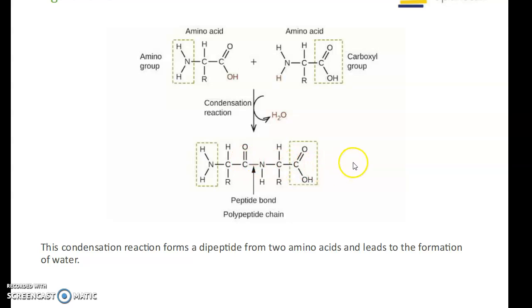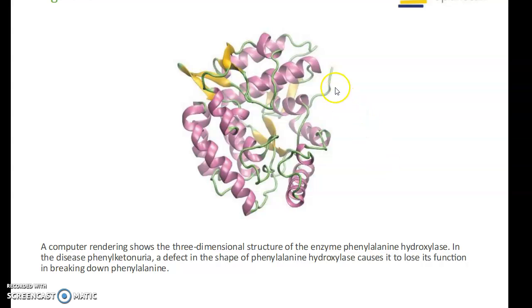So you can have very long chains of these. Longer chains make up proteins, which are either enzymes or constituents for growth. The amino acids make up the polypeptides, and the polypeptides make up the proteins. This right here is a computer model of an enzyme, phenylalanine hydroxylase.